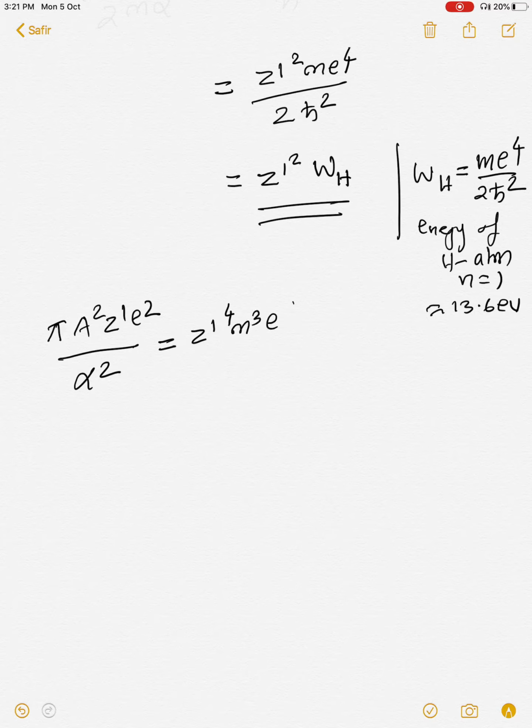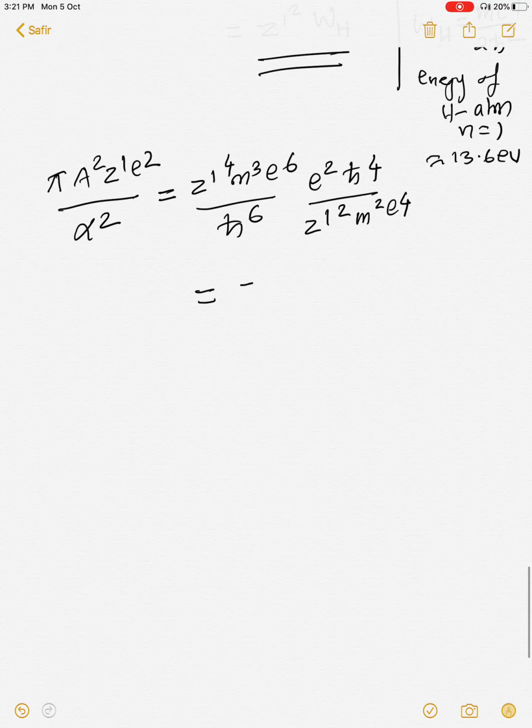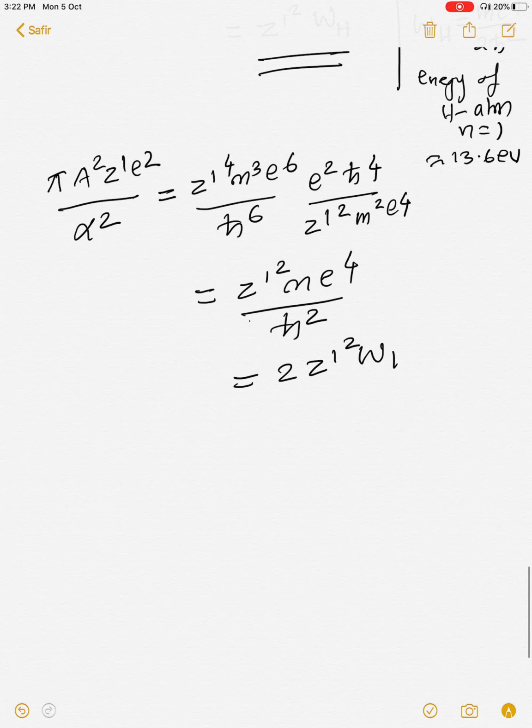You can do this one, and you get m square e raised to 4, and just solving and rearranging this equation, you get it in this form. This is nothing but 2z prime square WH. So now we got two terms.